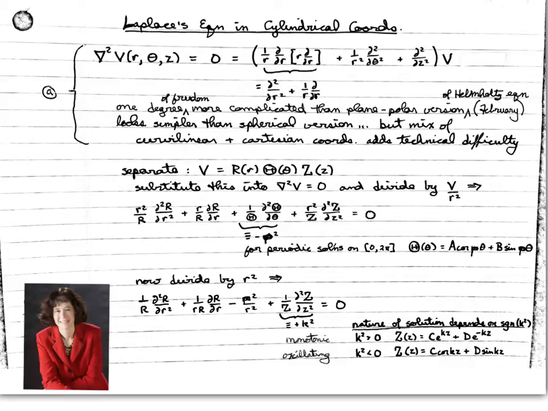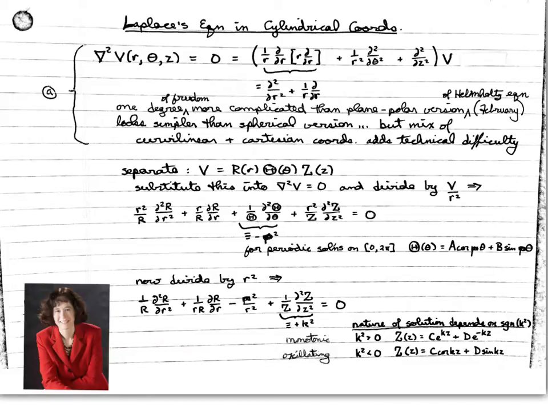And Laplace's equation certainly looks simpler here than in spherical coordinates, where we had all those factors of sine theta to worry about. However, as it turns out, mixing curvilinear coordinates like r and theta with a Cartesian coordinate like z does add a degree of technical difficulty. Well, with that warning, let's go and separate the equation.